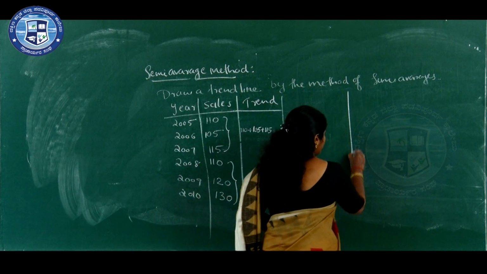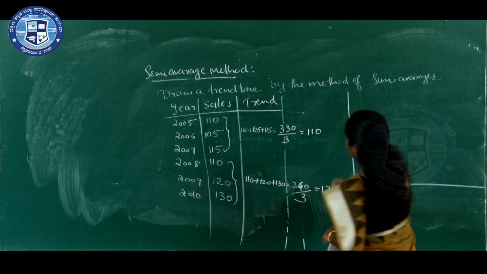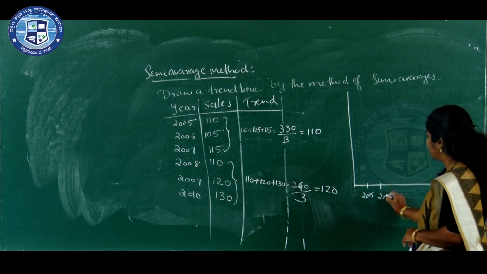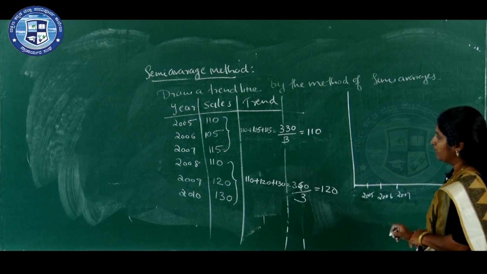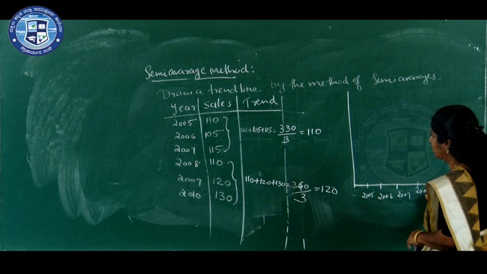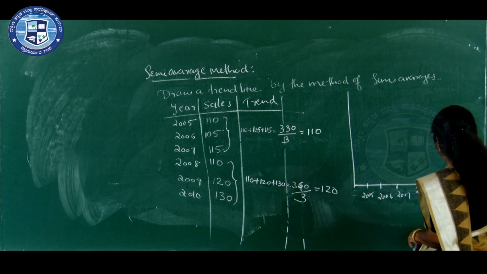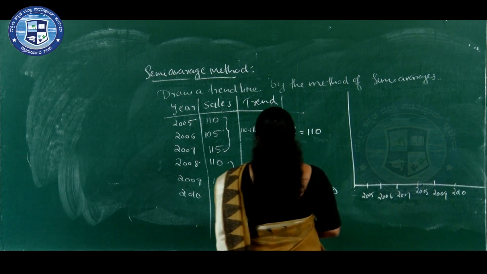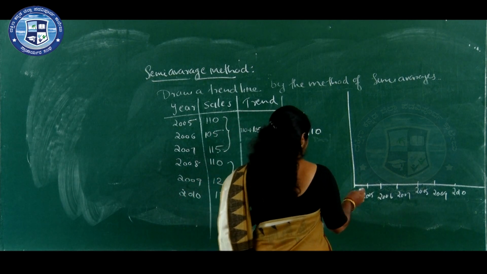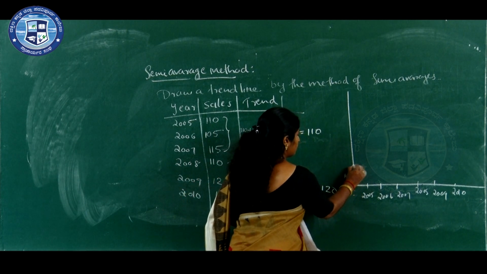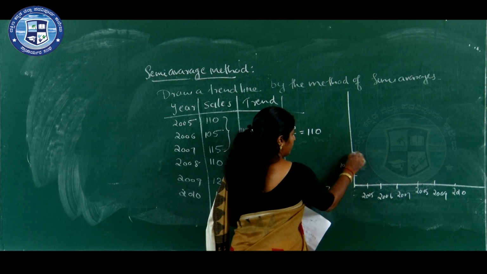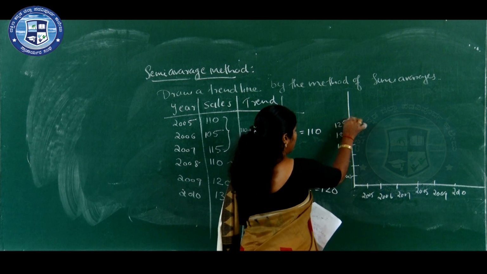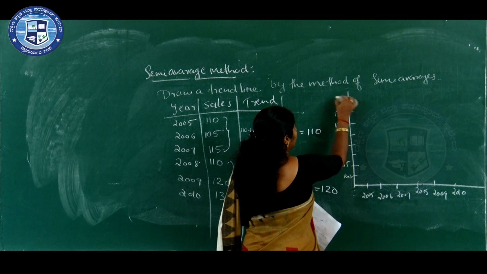Next we will draw the graph. Along the x-axis I am taking years 2005, 2006, 2007, 2008, 2009 and 2010, and along the y-axis 100, 105, 110, 115, 120, 125 till 135.